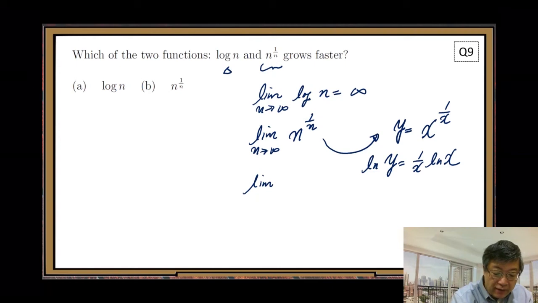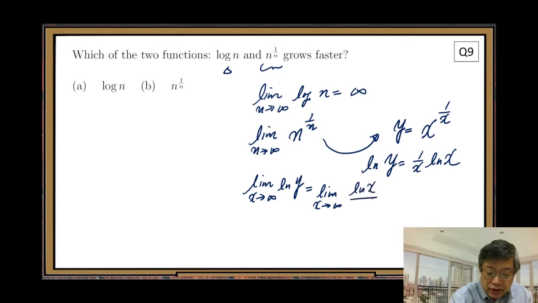This time not n. Our variable is x. X goes to infinity. Natural log of y. So this time you will have this form, natural log of x over x. You need to calculate this limit.